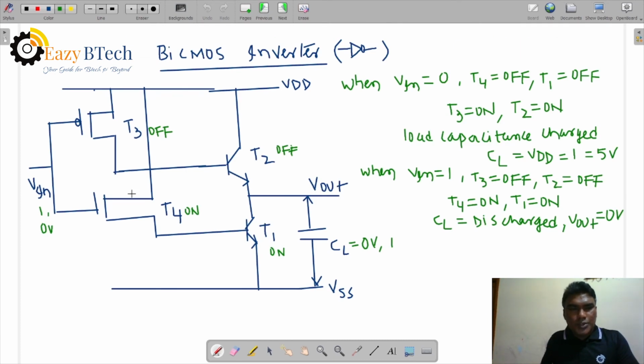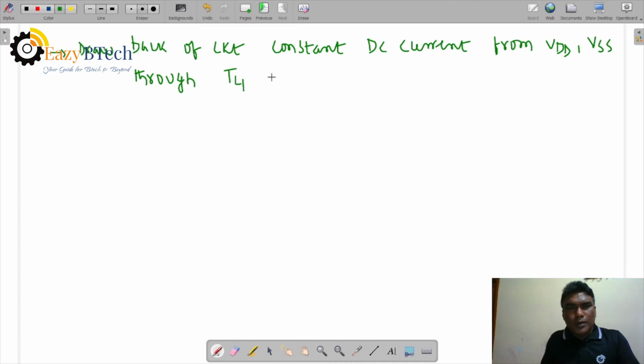So here this constant current flows through this one, to ground potential, through T4 to T1. So it may affect the circuit conduction.